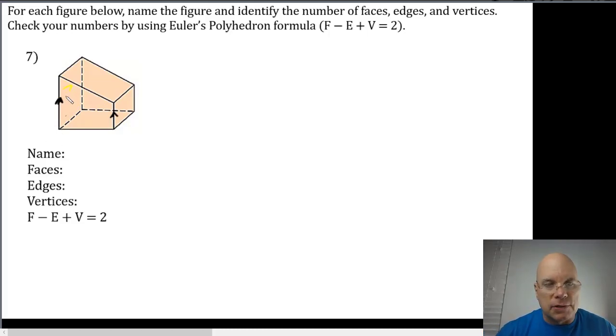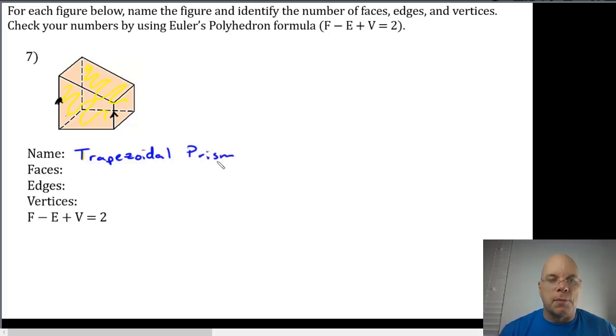If I'm talking about this face and this back face as my parallel and congruent bases, well, since these faces are themselves trapezoids, then we have a prism, and it's a trapezoidal prism. So the name of this polyhedron would be trapezoidal prism.